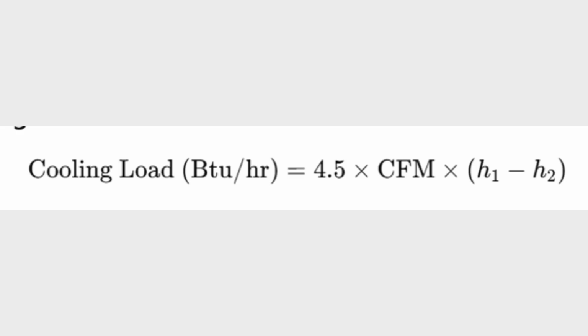For example, if airflow is 3,430 CFM and the enthalpy drop across the coil is 9.2 BTU per pound, then cooling load equals 4.5 times 3,430 times 9.2, which gives you about 142,000 BTU per hour, or roughly 11.8 tons of refrigeration. Remember, 1 ton of cooling equals 12,000 BTU per hour.